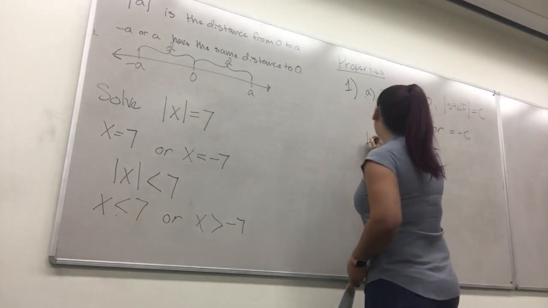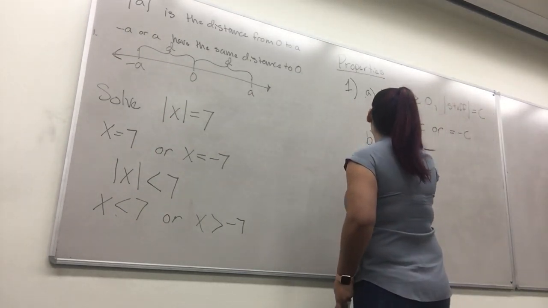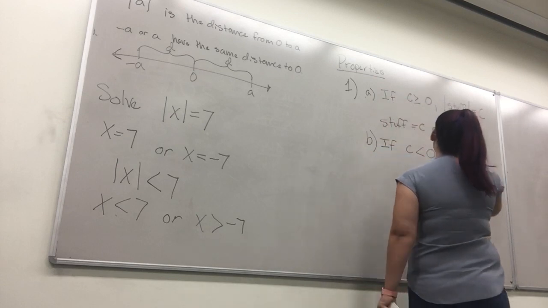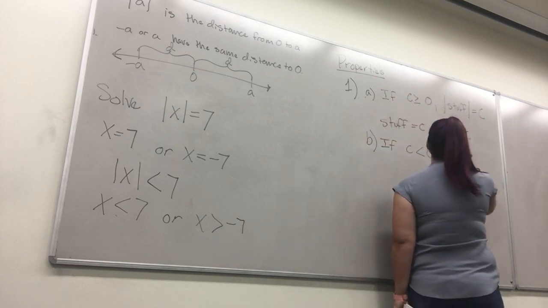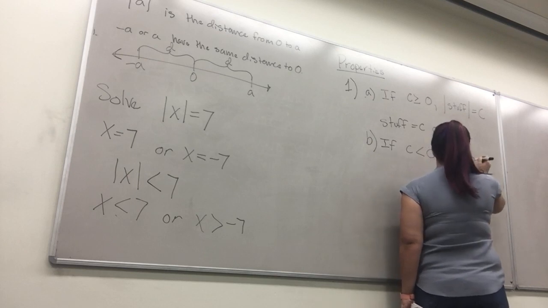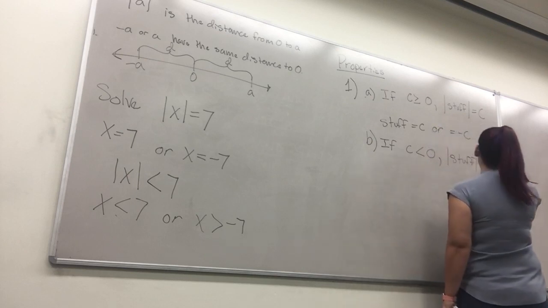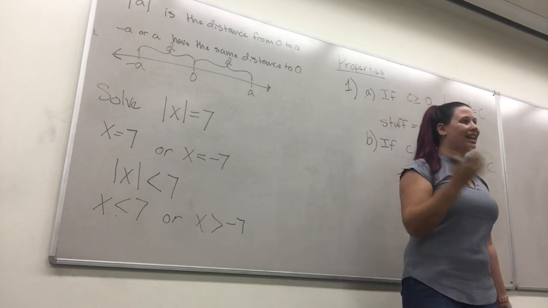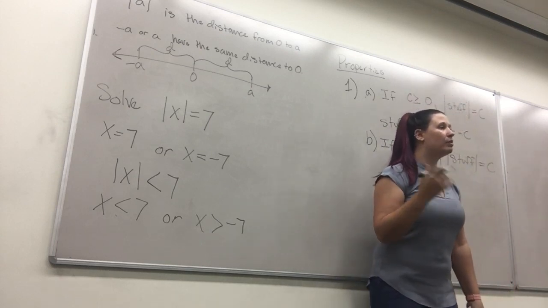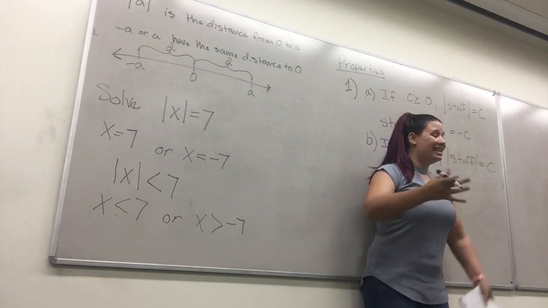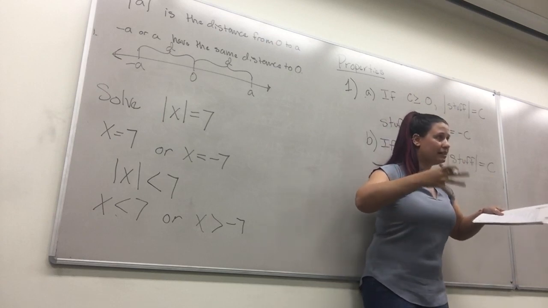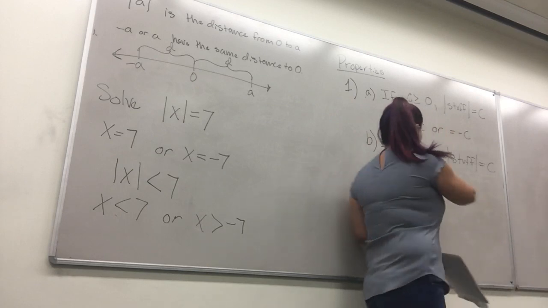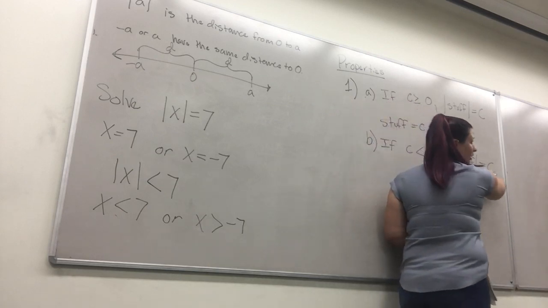But what if we have C being negative, right? So if C is a negative number and we have the same setup of the absolute value of some stuff and it equals C. So now we have an absolute value equaling a negative number. Remember, the absolute value is saying the distance of my insides is equaling this value. Can a distance equal a negative number?